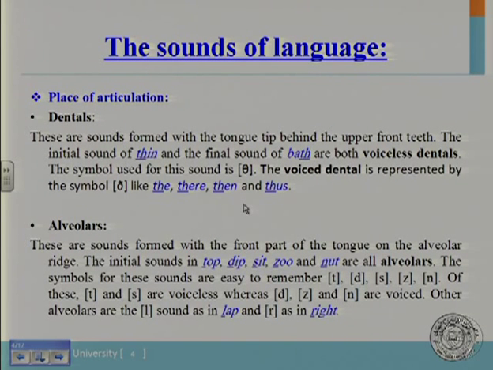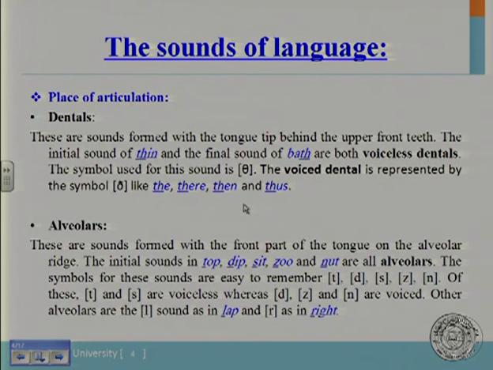Now, the initial sound of the word thin, and the final sound of bath, th. You can feel that the tip of your tongue touches the upper teeth.